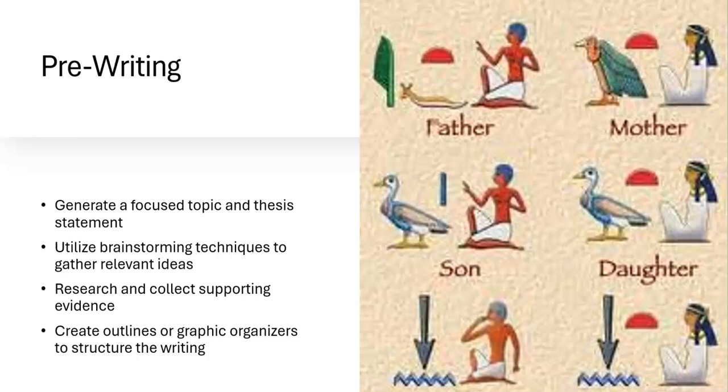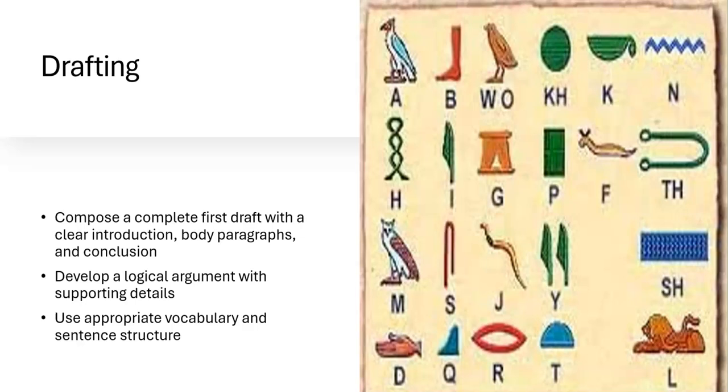If you're trying to write a research paper, you'll do some preliminary brainstorming on what the basic knowledge that you have on that topic, and then of course you will begin to do your research. But with the pre-writing, you're just generally thinking about the topic and getting some ideas together on that particular topic. And then also you can begin to create outlines or graphic organizers to begin to start structuring your paper.